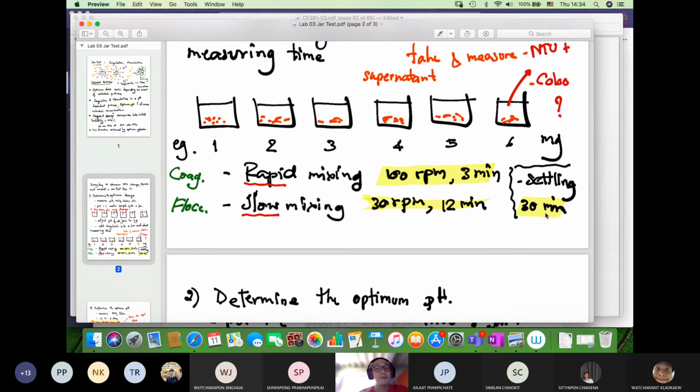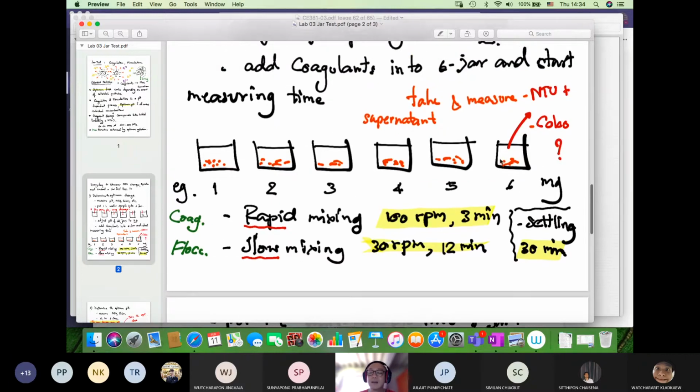So as I told you, one batch requires 45 minutes. After all the floc has settled, we take only the liquid near the surface.